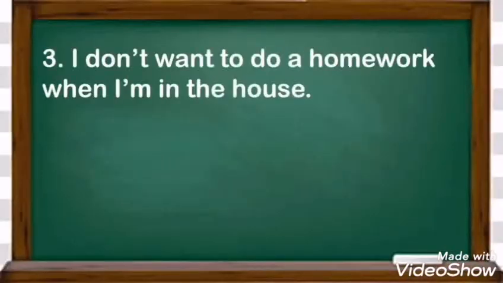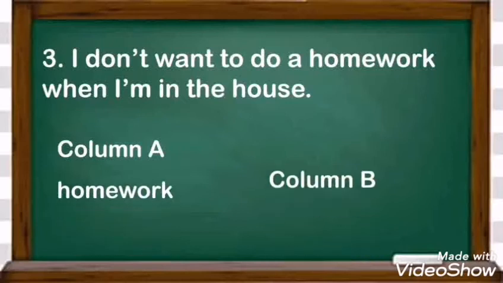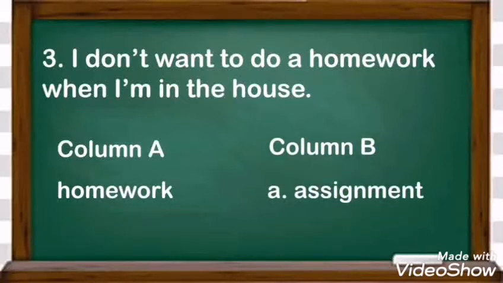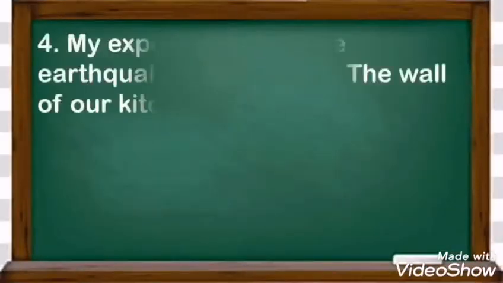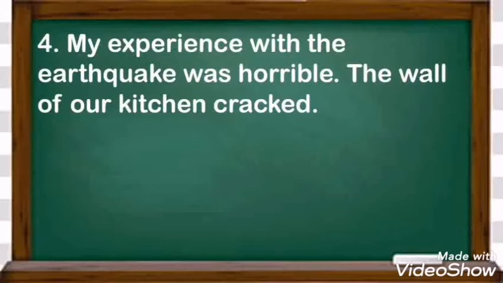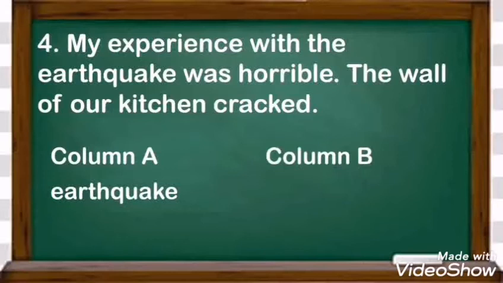Number 3. The compound word is homework, and the meaning is on letter A, assignment. Number 4. The compound word is earthquake, and the meaning is on letter C, tremor.